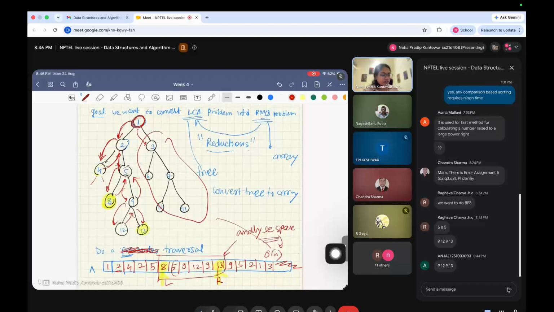That is 5, and that is indeed the least common ancestor. But the issue will happen when there are repeated entries. For example, 9 here occurs several times, 5 occurs several times. So which one will you take as your L and which one will you take as your R?